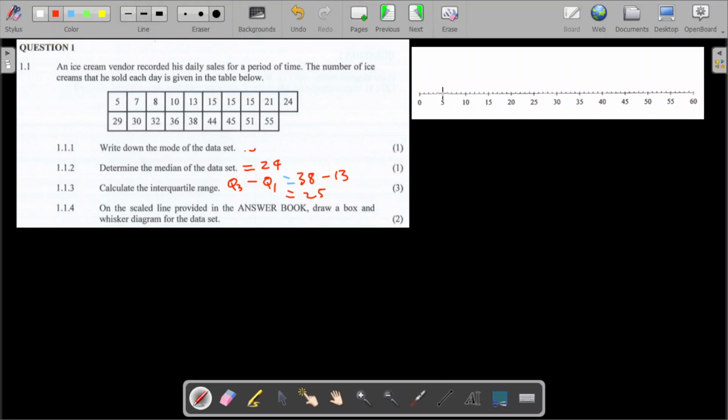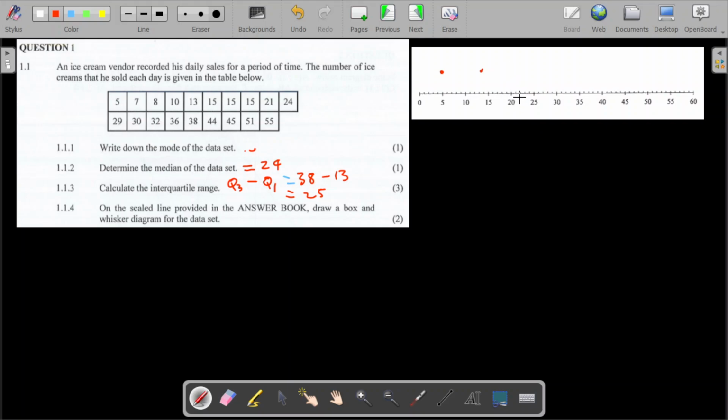So let me start here from 5 and draw dots. Then our Q1, we got that our Q1 is 13. So if this is 10, 11, 12, 13, my 13 is going to be somewhere here.